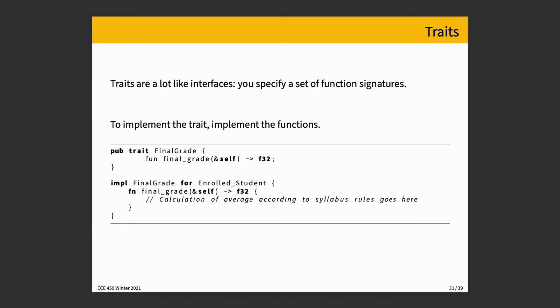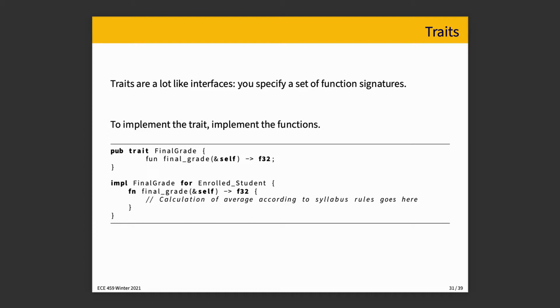So this student is student ID redacted, and the course they're taking is ECE 459, and then the implementation here will calculate the average according to syllabus rules. You should be familiar with those, of course, and in courses that you take, you probably are.